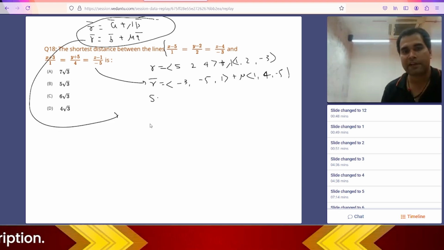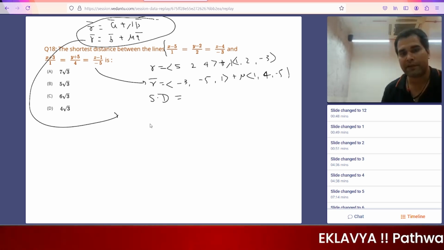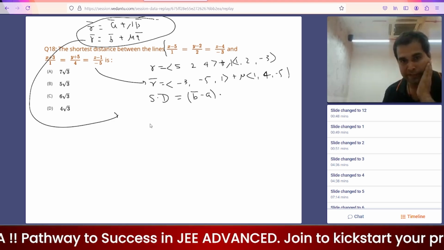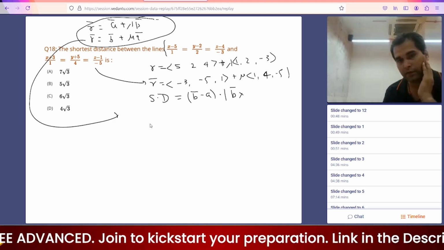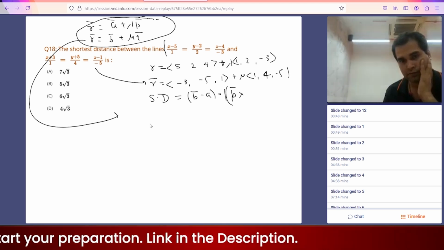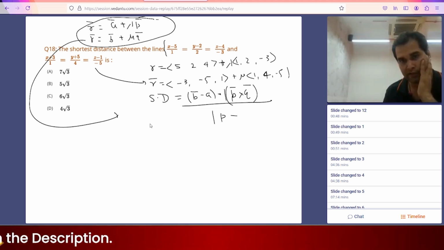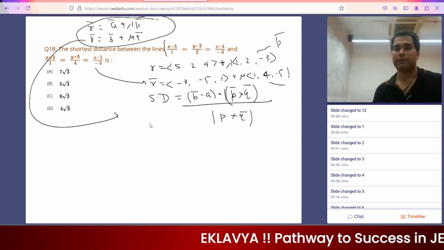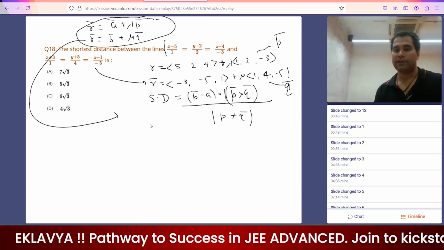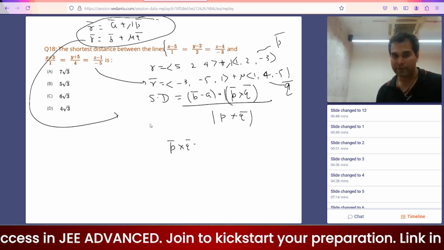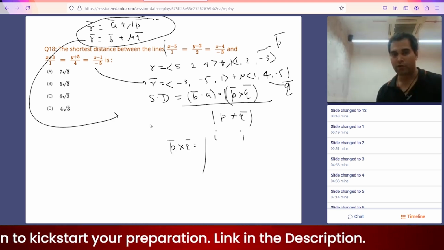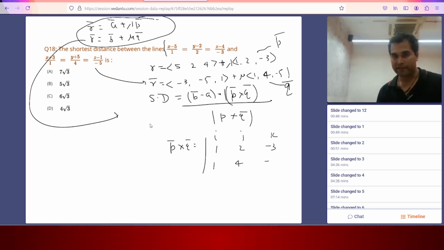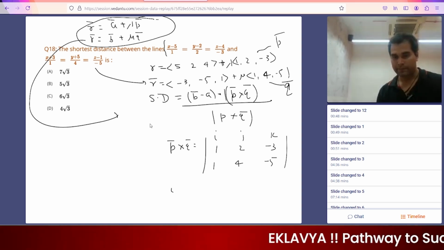And when the vector equation of the line is in this form, then we will get the shortest distance formula as b minus a dot p cross q upon magnitude of p cross q. Here this will be vector p and this is vector q. Now we will have to find p cross q. How to find: i, j, k, here 1, 2, minus 3 and 1, 4, minus 5.